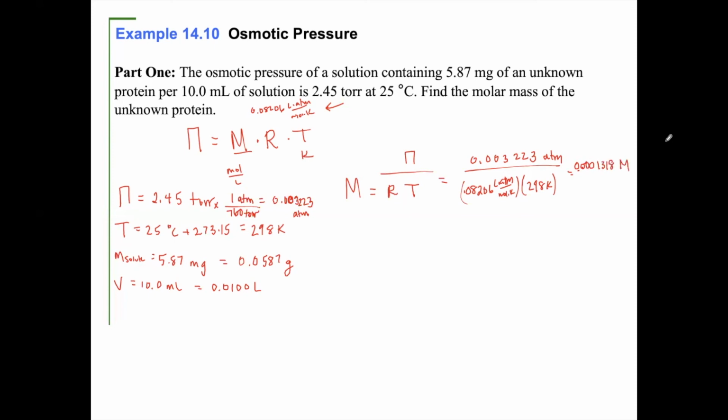Okay, so hopefully you can read that. That is 0.0001318 molar. That's the molarity of the solution.